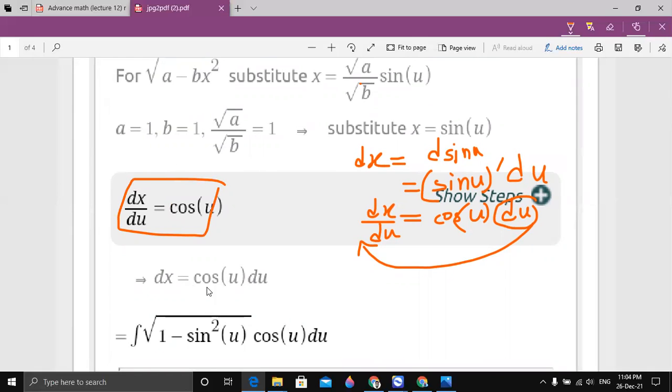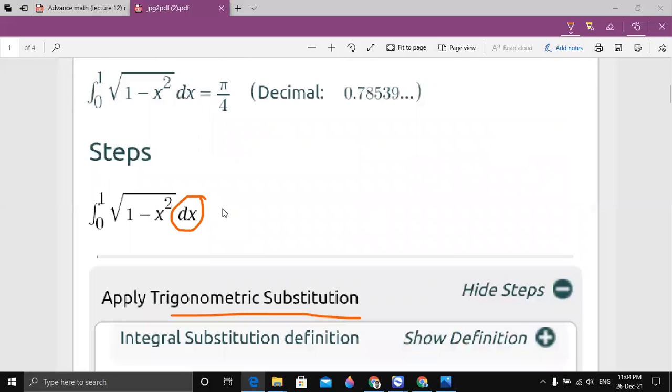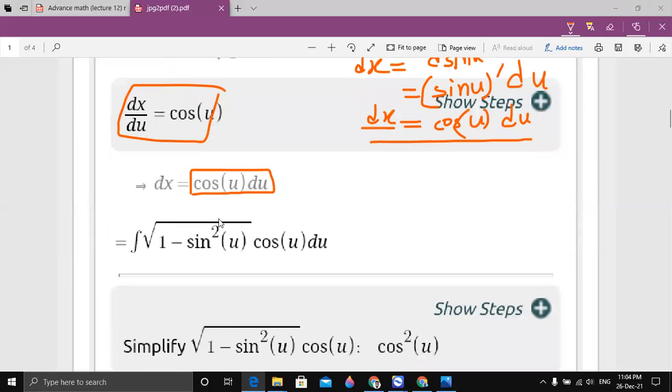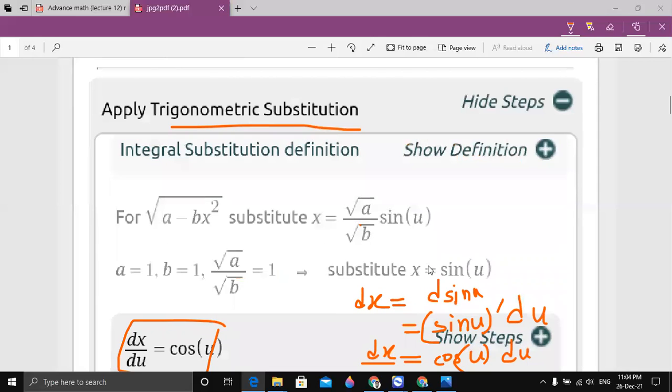So we know that dx will be cos u du. So we just substitute the value here. You see here, dx will be cos u du, and we already said that x will be sine u, right?